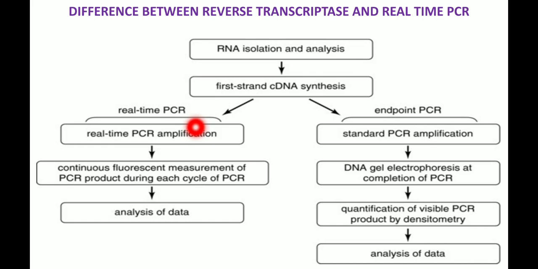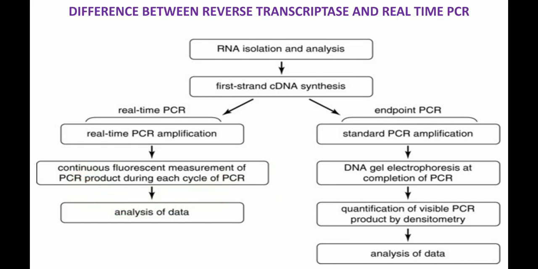In a real-time PCR, you continuously measure the PCR product during each cycle of the PCR. As and when the desired target is detected, the fluorescence increases, so continuous fluorescent measurement of the amplicon is possible in real-time PCR.